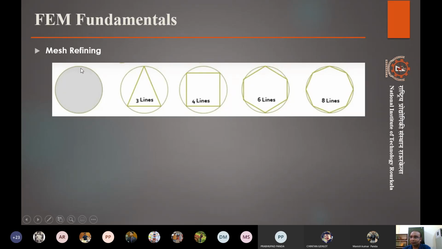But when curvilinear geometries are there, linear or 1 degree elements are a problem. So we have to keep decreasing the distance between the nodes, or in other words, keep increasing the number of elements in order to match the geometry as much as possible.